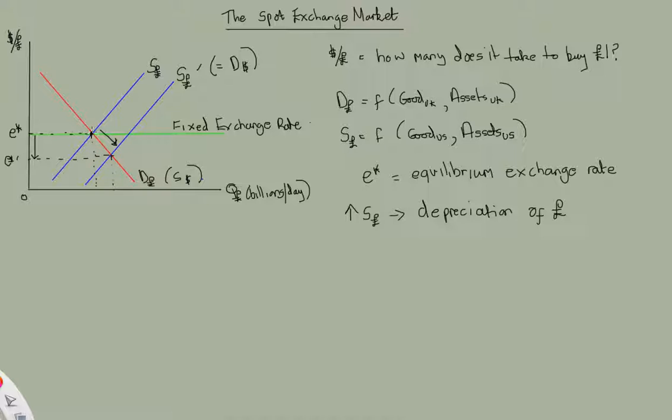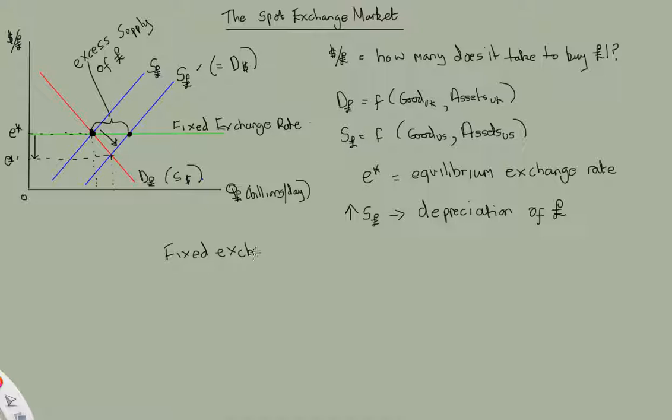So this is the demand for pounds at the fixed exchange rate, but the new supply of pounds means that we have this excess supply of pounds. If we fix the exchange rate at the original level, we have this excess supply of pounds as underlying conditions in the market change, and it's going to be the job of the monetary authorities to do something about that.